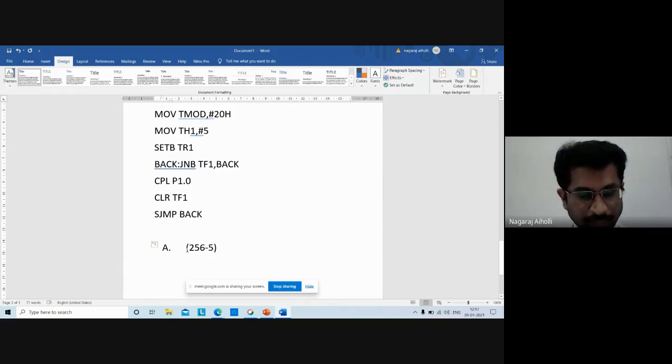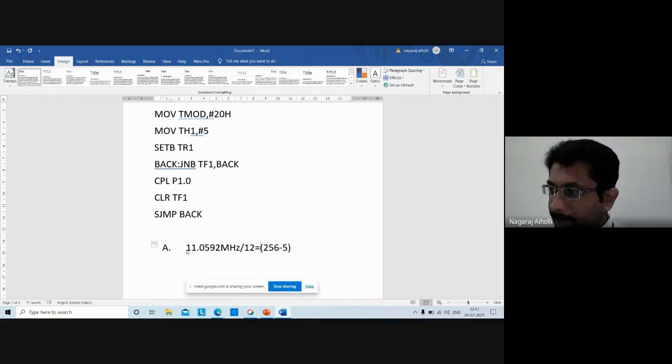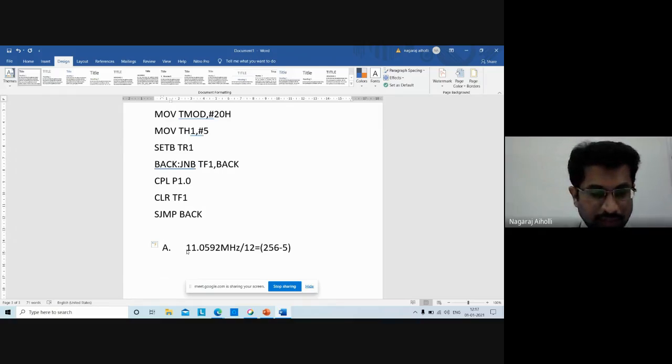First, let us calculate it. The frequency given is 11.0592 megahertz. Divided by 12, this comes out to around 921 kilohertz, approximately 921.